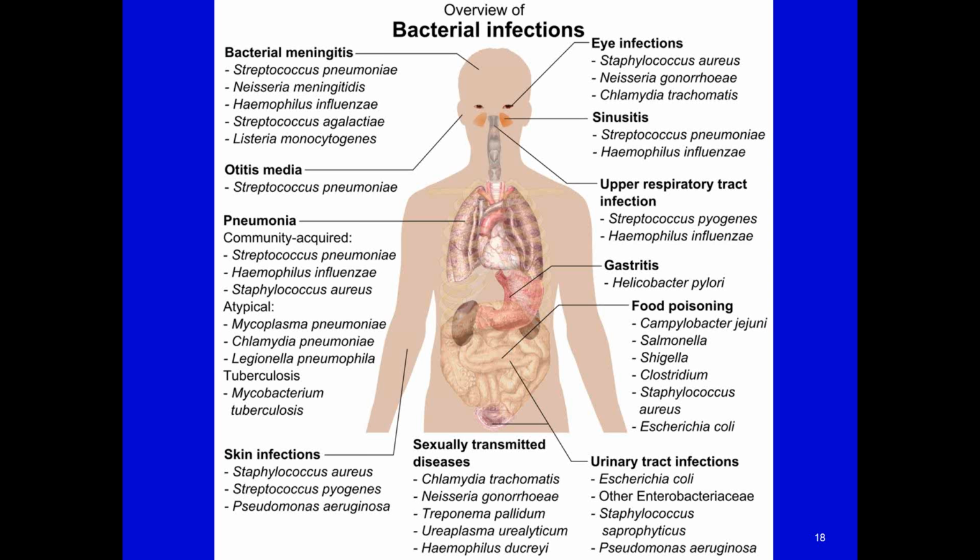Food poisoning can be caused by a bacteria, particularly like Salmonella, Shigella, Clostridium, Staphylococcus aureus, are all intestinal infections from bacteria. Urinary tract infection caused by bacteria as well.